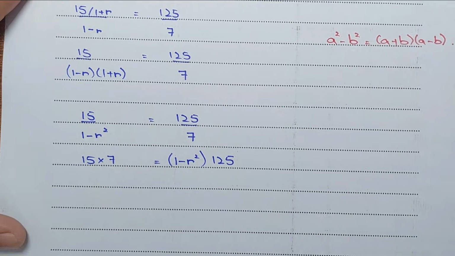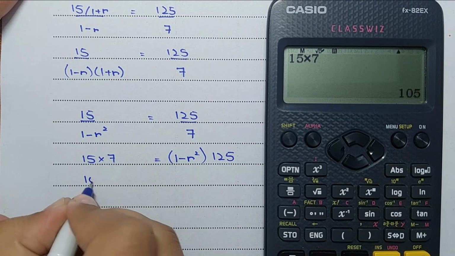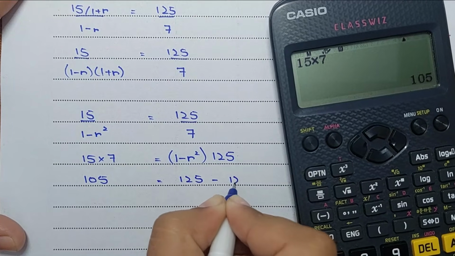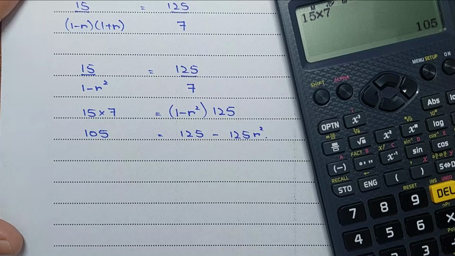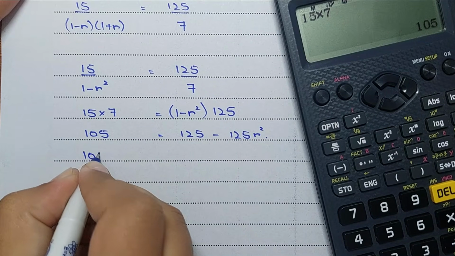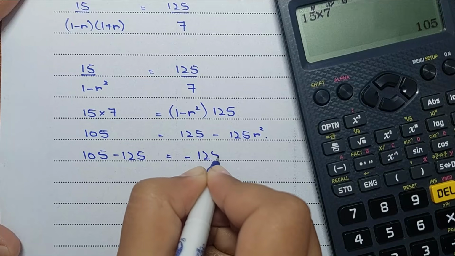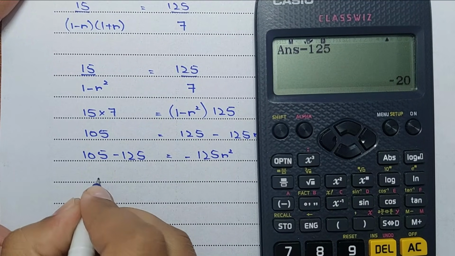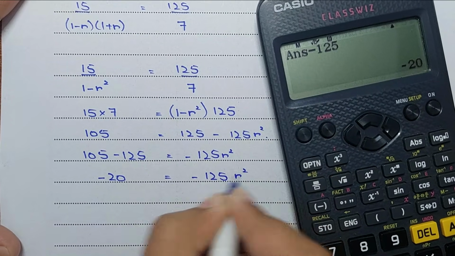So 15 times 7 would be 105, equals 125 times 1 minus 125 times r square. Now here we have 105 minus 125, which is minus 20, equals minus 125 r square.